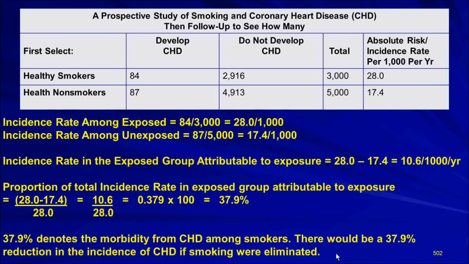Okay, now, this is a statistic you often hear on the radio or on television, or when they're trying to promote the results of a study and telling you the benefits of it. And so proportion of attributable risk is one that you hear a lot, along with relative risk.